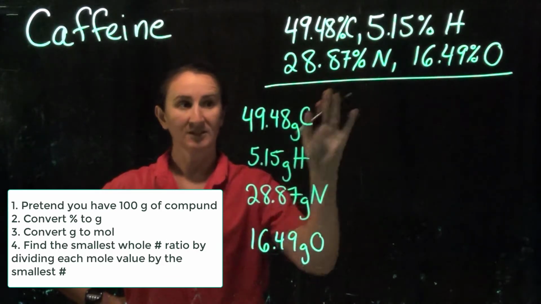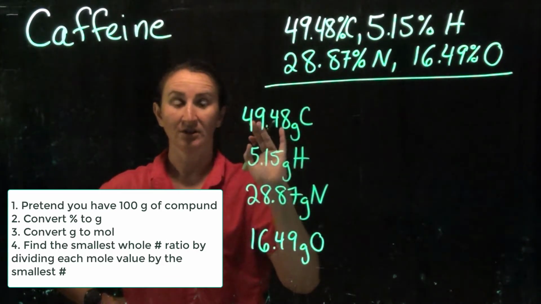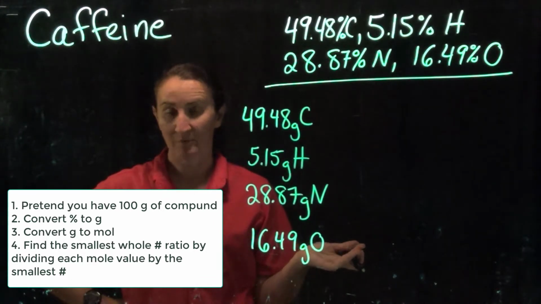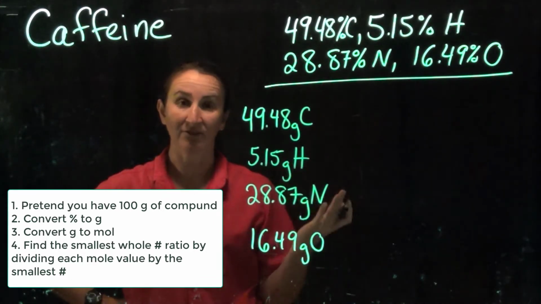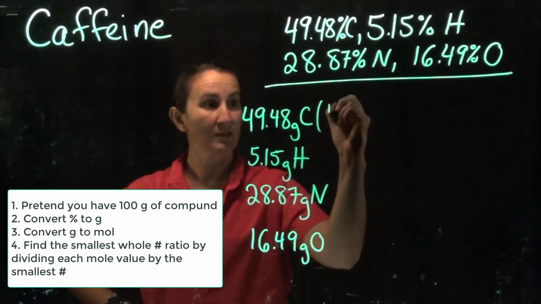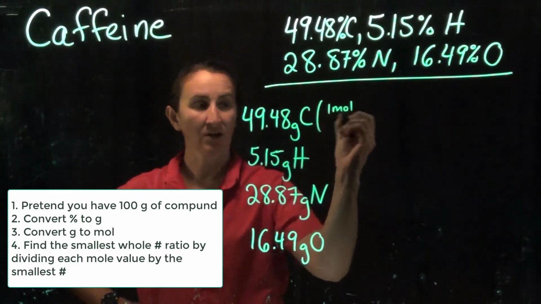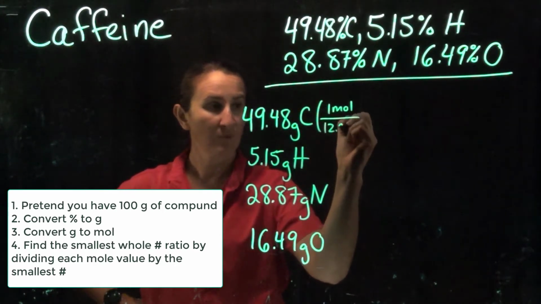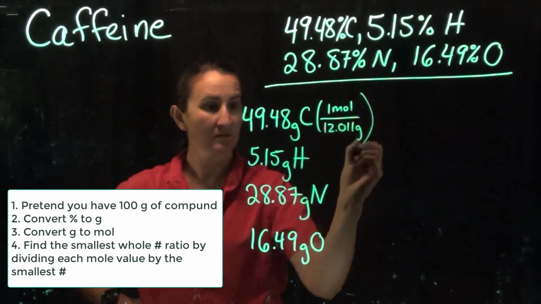After I have all of the percentages turned into grams, then you need to convert from grams to moles. And this conversion factor is just like any other gram to mole conversion. You have to use the average atomic mass. So to convert from grams of carbon to moles of carbon, and 1 mole, and I should write carbon, but just to save room, I'm going to abbreviate here. I have 12.011 grams.